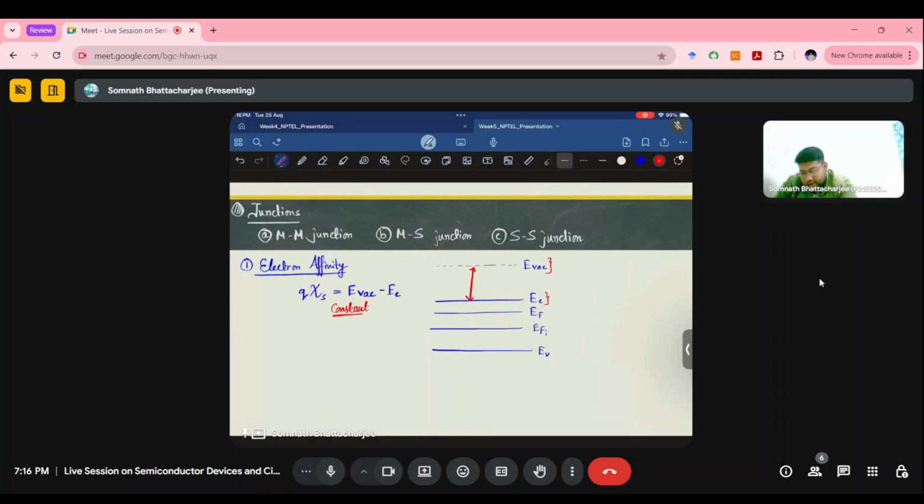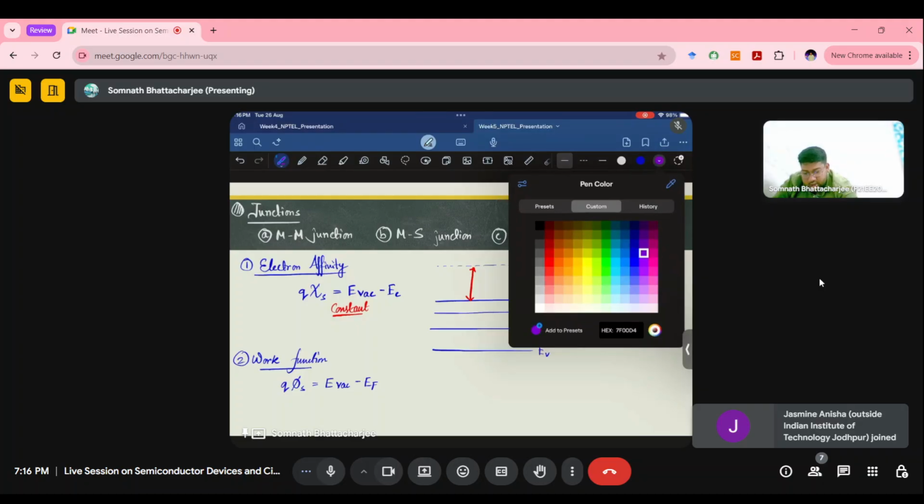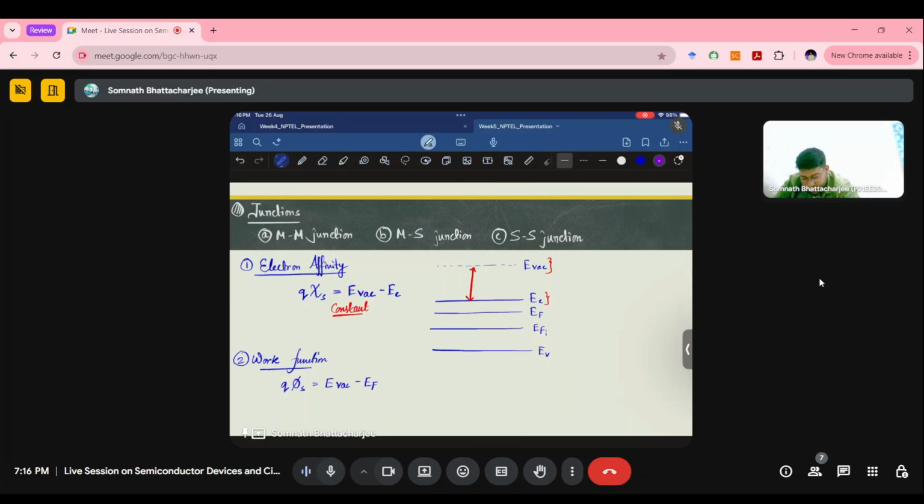Now we have another concept called the work function. So what is the work function? The work function is qψs, which is defined as E vacuum minus EF, the difference between the vacuum level and the Fermi level. This distance is termed the work function.